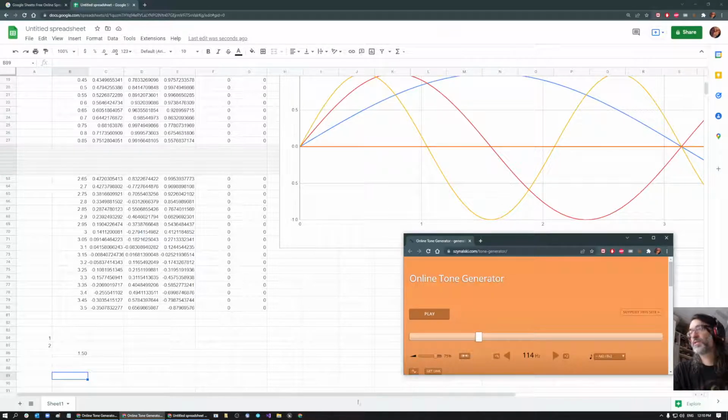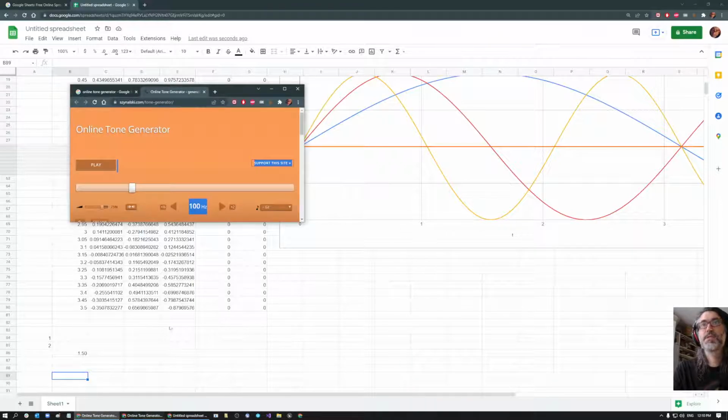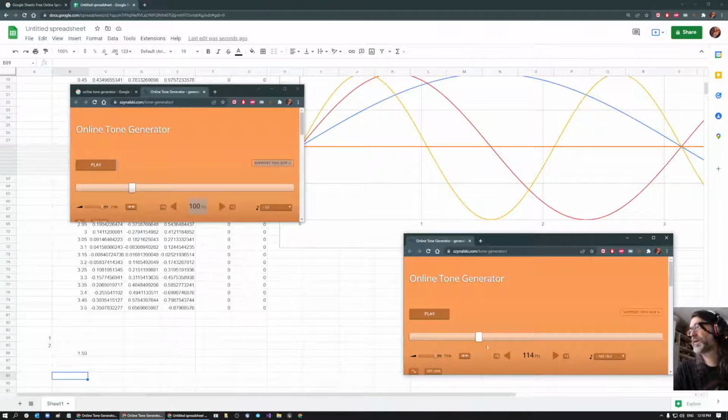So let's look at the beats by just listening to it instead. If I do 100 and just a little bit more, those are the beats. So instead of explaining it, when there are beats, it's really bad. We don't want these two notes together.